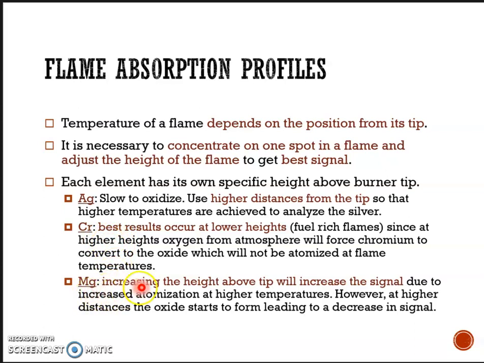Kalau magnesium, increasing the height above tip will increase the signal due to the increased atomization at a higher temperature. However, at a higher distance, the oxide start to form, leading to decreased signal. Okay, this one, not very high, not very low.